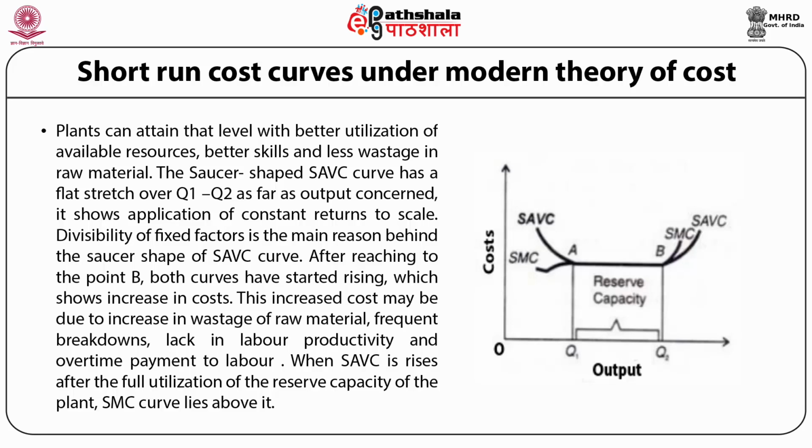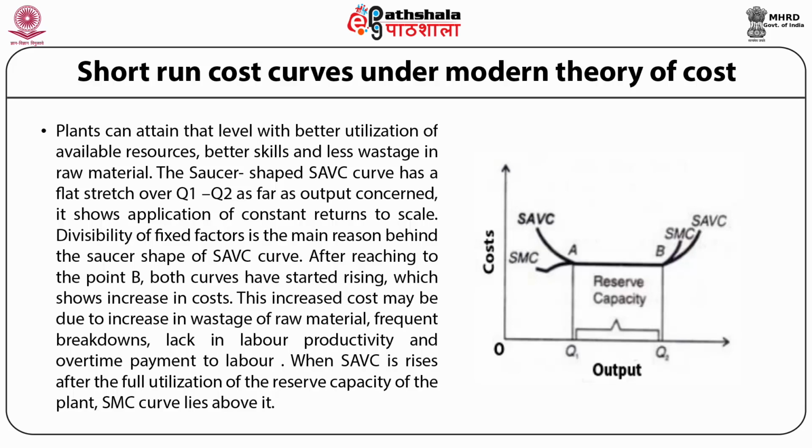The saucer-shaped SAVC curve has a flat stretch over point Q1 to Q2 as far as output is concerned. It shows application of constant returns to scale. Divisibility of fixed factors is the main reason behind the saucer shape of the SAVC curve.